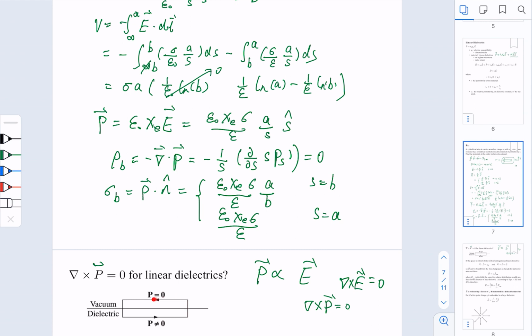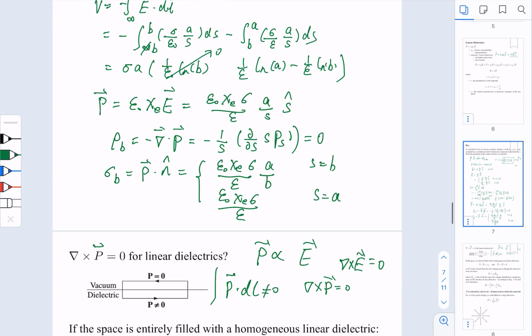For the outside, because there is no material, P has to be 0. So if you integrate P dot dl over this closed path, it is non-zero. According to Stokes' theorem, the del cross P along the surface is also not zero.